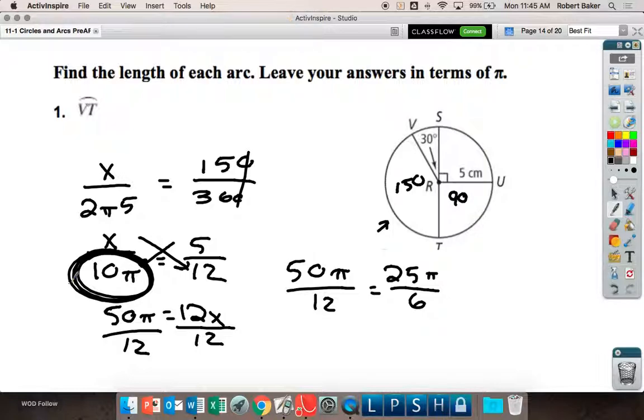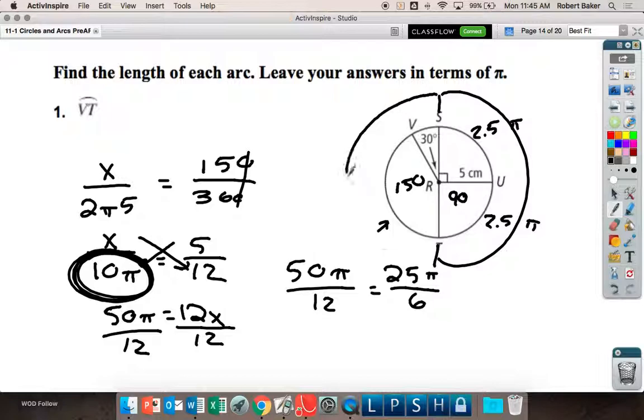So, how long is that arc? 5 pi. Half of that, 5 pi. So if this is half of the half, how long is this one? 2.5. This one's 2.5 pi. Or you might see that as like 5 pi over 2. Okay, that means this one's 2.5 pi.